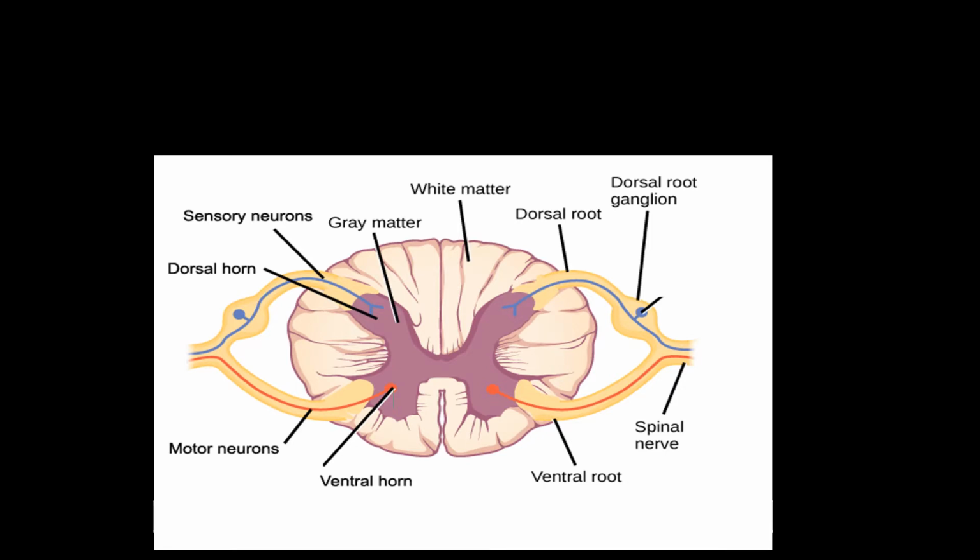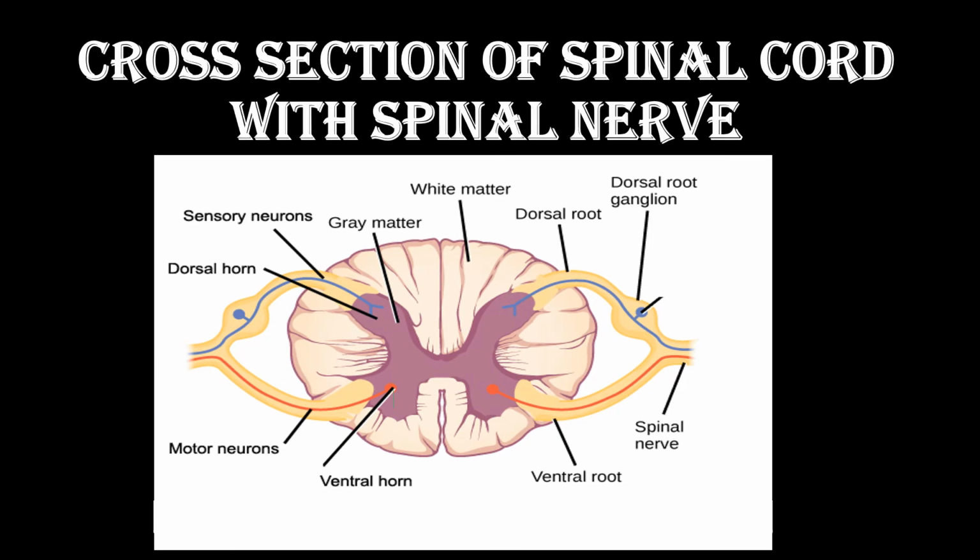Dear children, do you know which diagram is this? This is CS of spinal cord with spinal nerve. We can go through the important labelings.